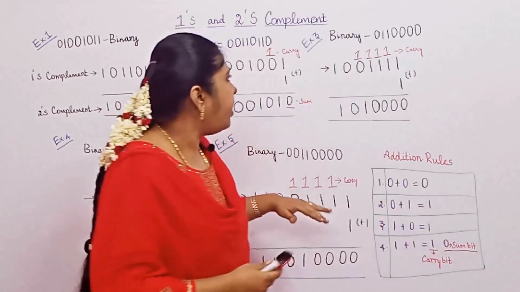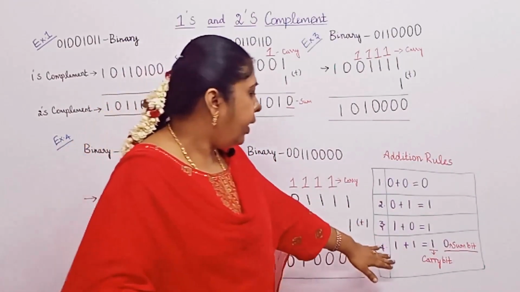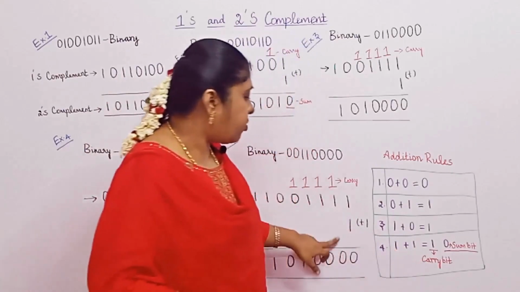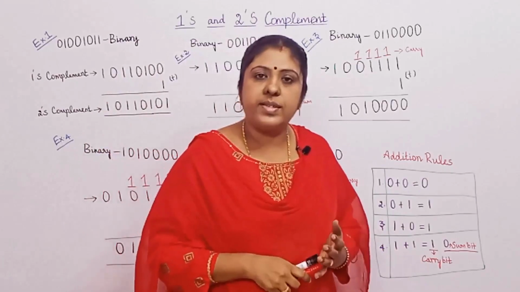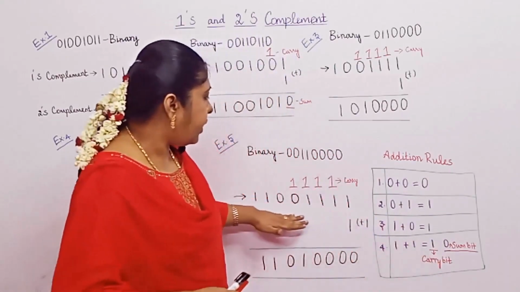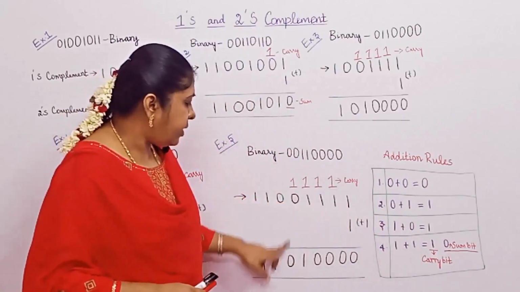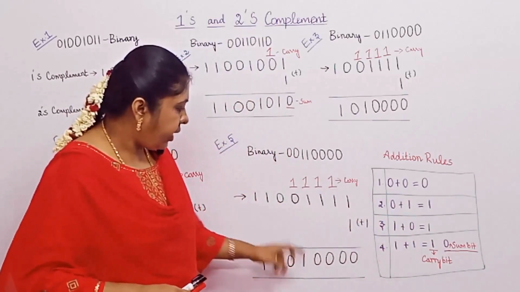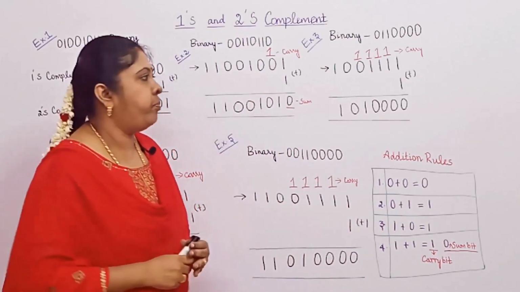Suppose we have a carry bit, 1 plus 1, remember this rule: 1 plus 1 gives 10. This 0 is always a sum bit and 1 is always a carry bit. The process continues until it reaches a single digit, 1 plus 0. Here there is no carry, so the numbers can be repeated as they are.